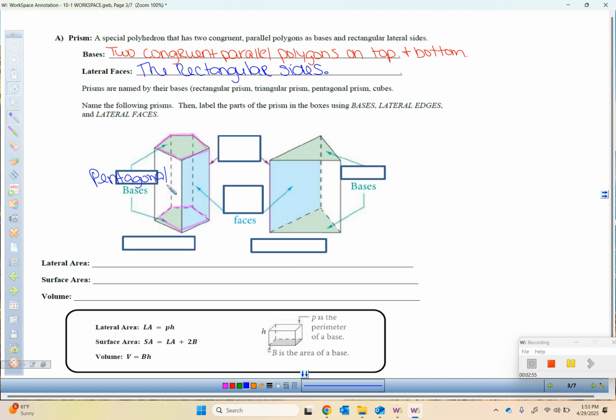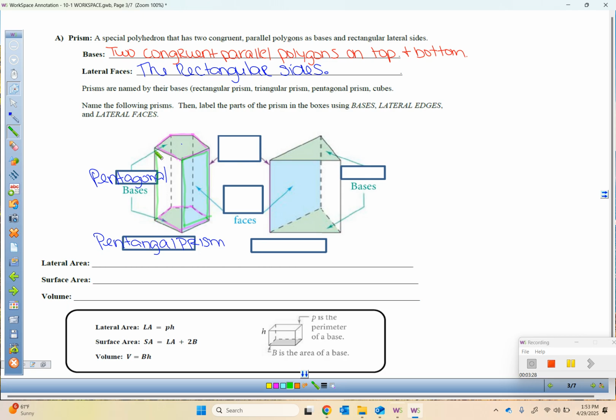Okay? So when we name this prism, remember the prism is named after the bases. So this would be called a pentagonal prism, because my base is a pentagon, and that's how we name it, off the bases. So over here, like I said, the two polygons are connected by rectangles. See this?